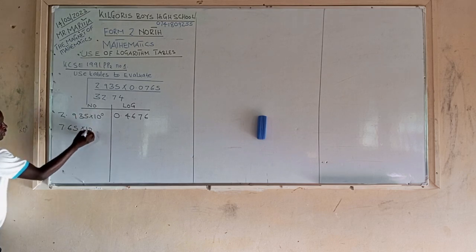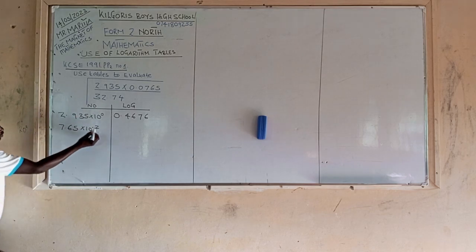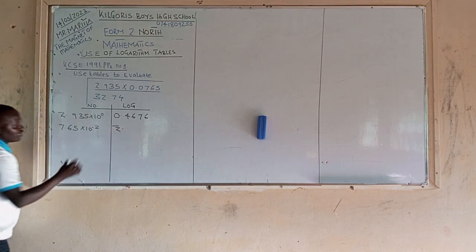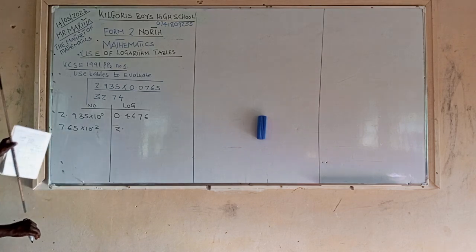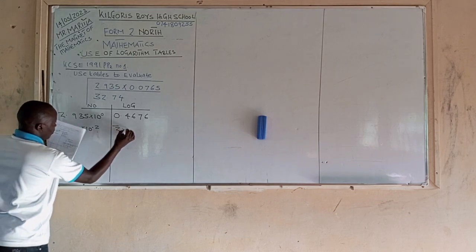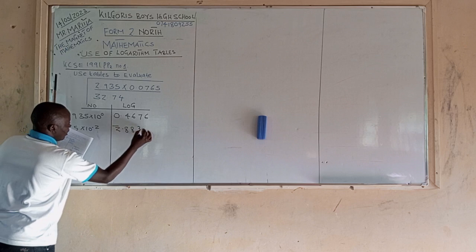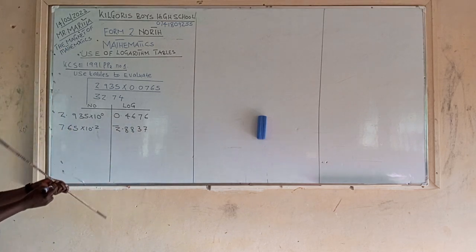Because we are coming backwards, we raise this to -2. And this -2 we bring here as bar 2 point. Then we read the log of 7.65 from the table, which gives us 8.37. Now, what again do you understand?